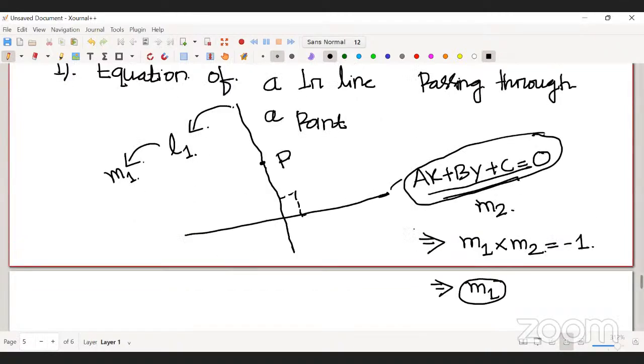From there I can get the slope of this line L1, and I also know that L1 passes through this point P. So can you find the equation of L1?